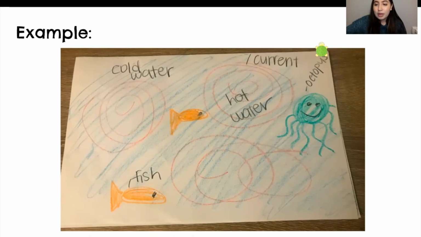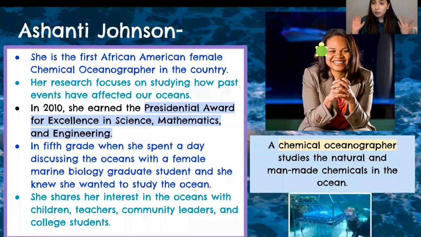Now, before we go, I want to put a spotlight on a scientist, right? Because every week we learn about a new scientist. This week, we're going to be learning about Ashanti Johnson. And here she is with her nice big smile. Ashanti Johnson is a chemical oceanographer.